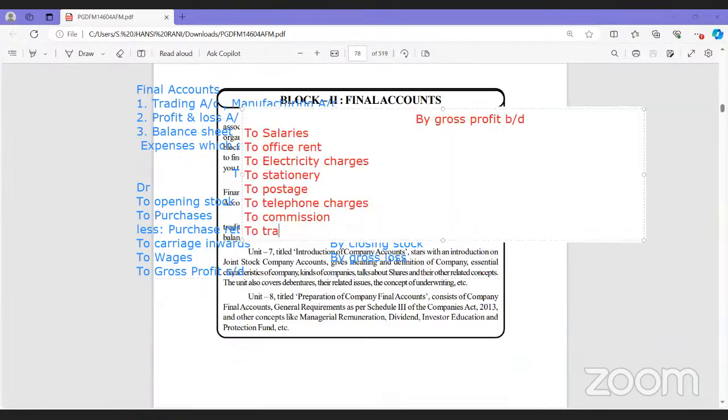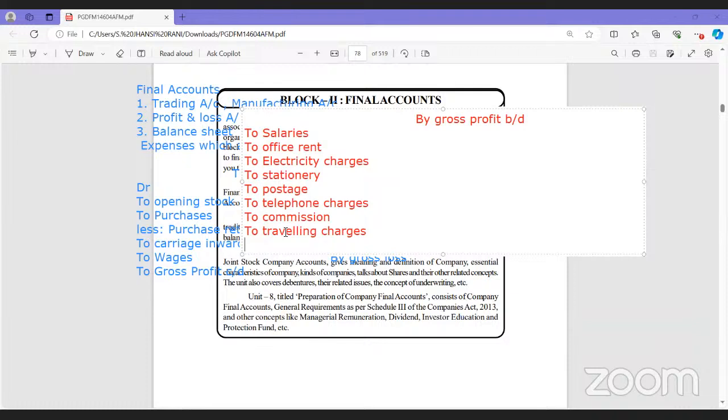And whatever books I brought from my supplier, I cannot store all in the shop. So I'll store them in a godown, so godown charges. It will be like this. All the expenses which are indirectly related to our business are called indirect expenses, and that will be written.